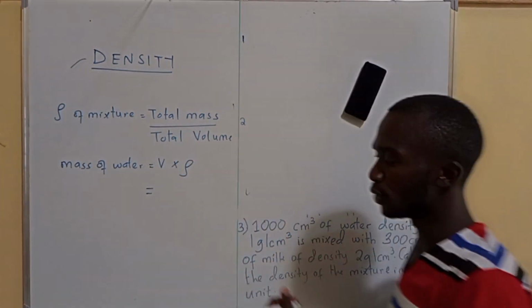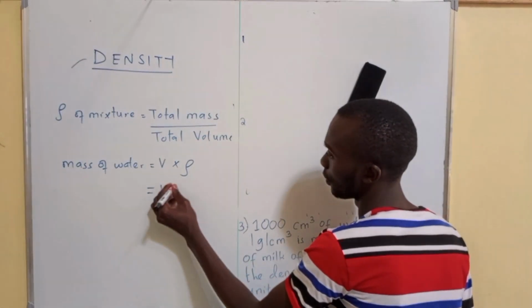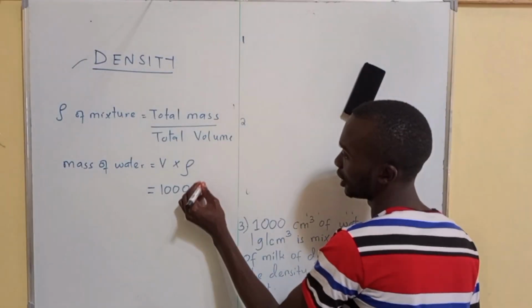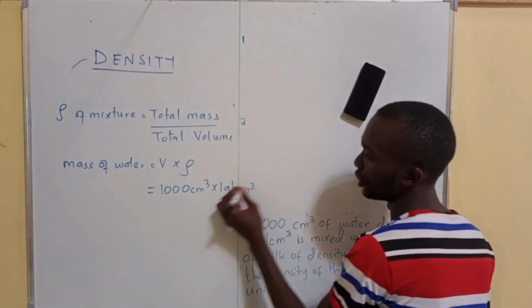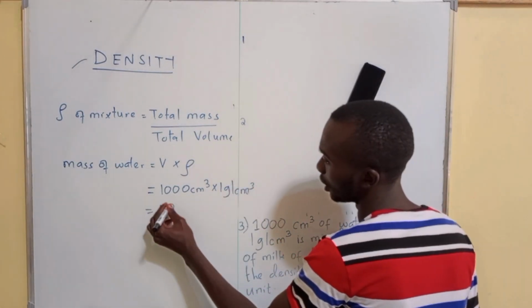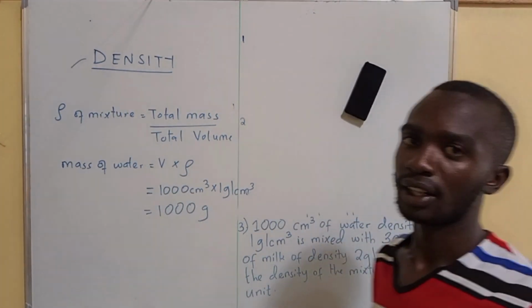So the volume of water in this case is 1,000 cubic centimeters times the density 1 gram per cubic centimeter. So this one gives 1,000 grams. So that is the mass of water.